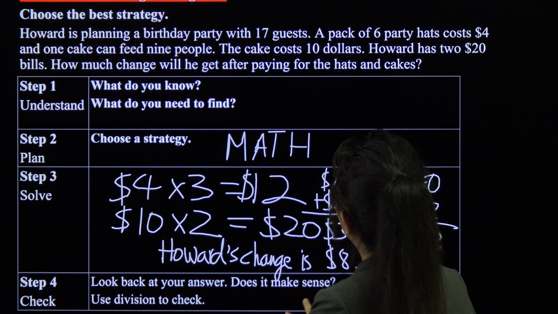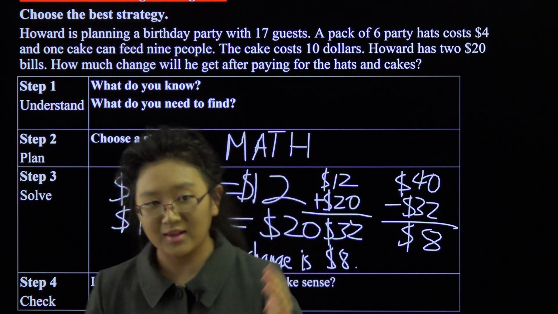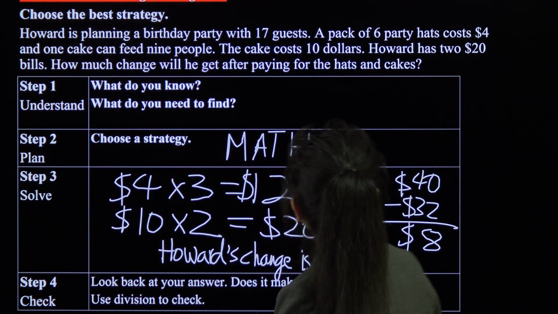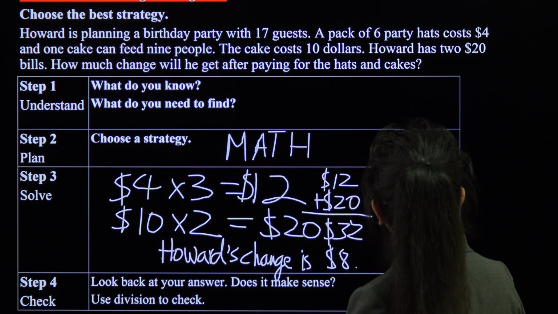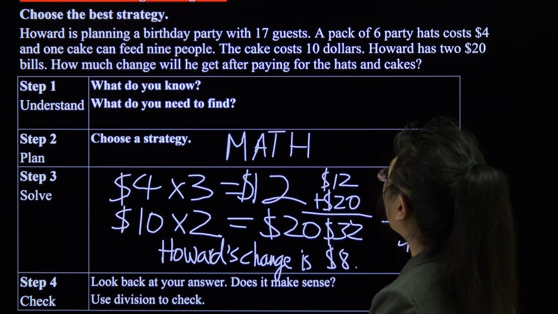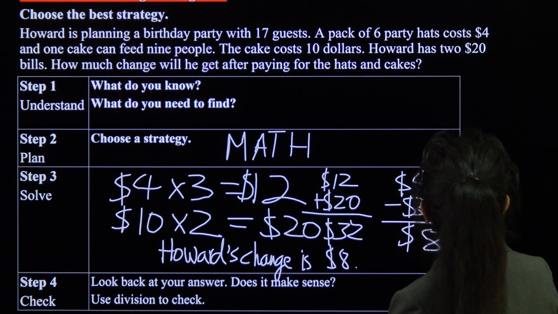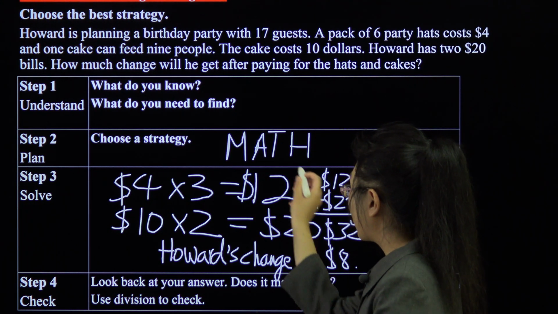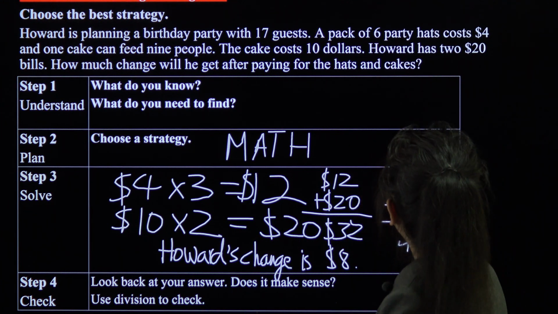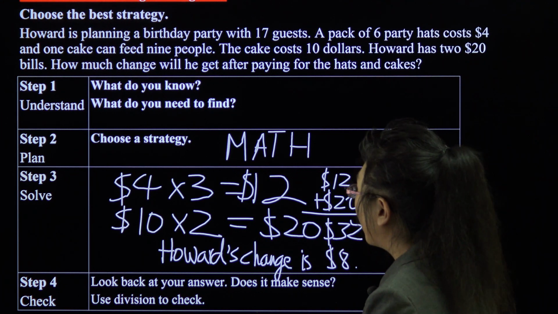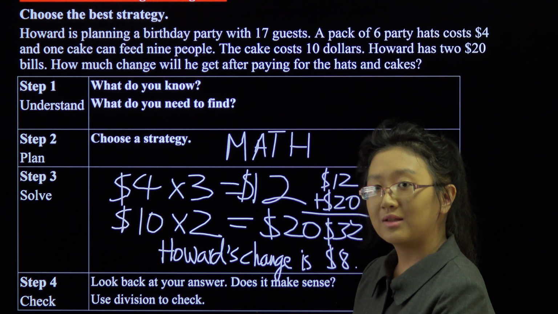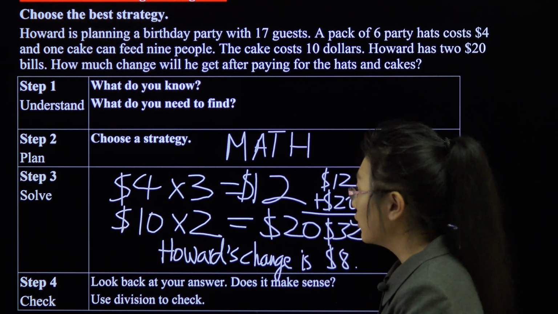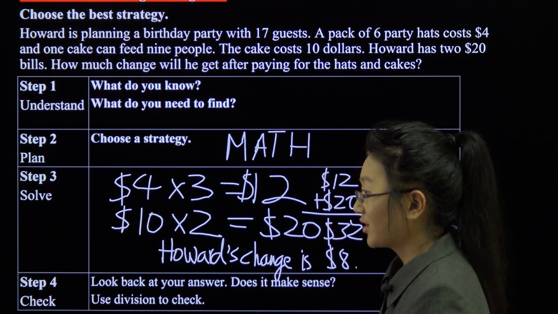Howard is planning a birthday party with 17 guests. 17 guests plus the host is 18 people. A pack of 6 party hats costs $4. And 18 divided by 6 is 3, which means 3 packs, $4 each, that's 12. 1 cake can feed 9 people. 18 divided by 9 is 2, because that's how it works.